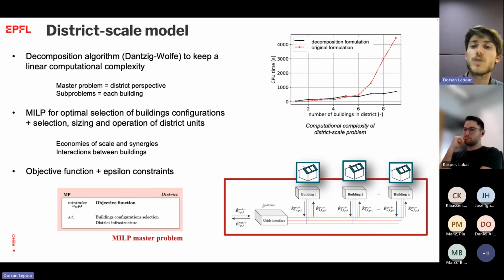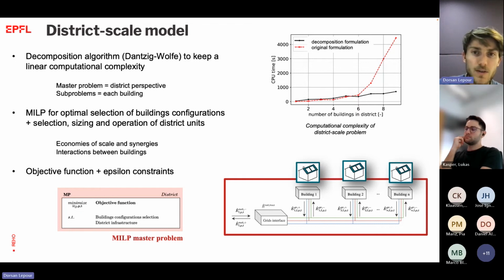The master problem will receive the configuration and apply linking constraints, so the maximum capacity of the electrical lines, of the heating and cooling pipes and so on, to select the best configuration for each building from the district global perspective. So in the end, the district scale model is defined again as a mixed integer linear problem, where the decision variables will now be the building's configuration selection and the selection, sizing, and operation of the district units.